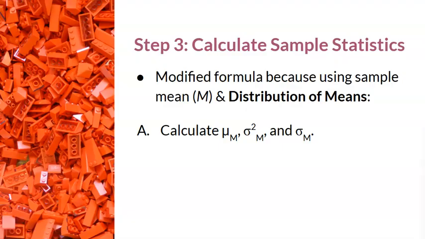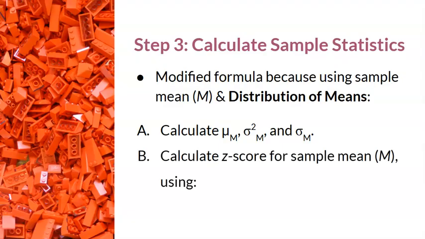Since this is a Z-test, we need to, of course, calculate a Z-score. So the second part of Step 3 is that we will calculate the Z-score for the sample mean. However, we will calculate the Z-score with this new formula. Well, really, this formula isn't that new. Notice that this is a modified version of the Z-score formula from last week's hypothesis testing. Last week, the M was an X, and there was minus mu divided by sigma.